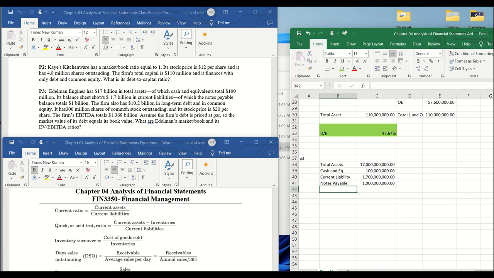Then what else? Firm has also long-term debt. Long-term debt is 10.2 billion. Then common equity.